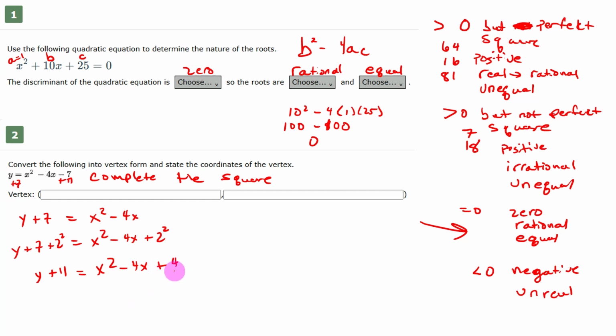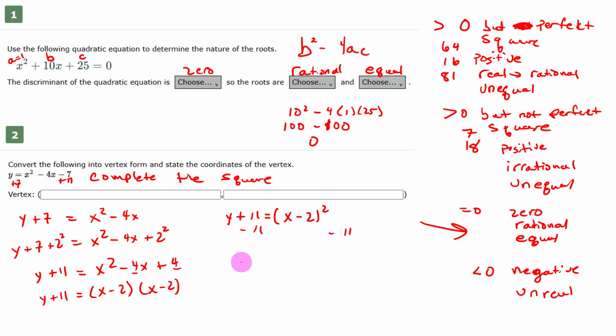Then we just go about our normal factoring. What multiplies to 4 and adds to negative 4? That's x minus 2 and x minus 2, which we write as x minus 2 squared. Now I'm going to subtract my 11 back over to the other side.